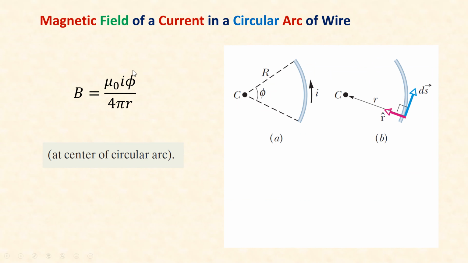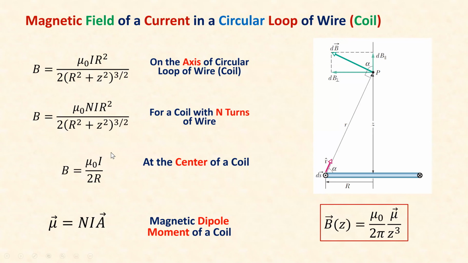So it depends on phi. If phi becomes 2 pi, you have a complete circle. And then if you put 2 pi, divide by 4 pi, you cancel the 2 pi, you get mu naught I over 2r, which is the same as what we had just here, mu naught I over 2r, right?